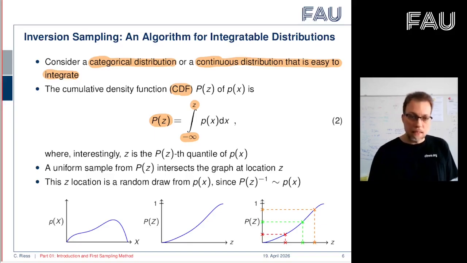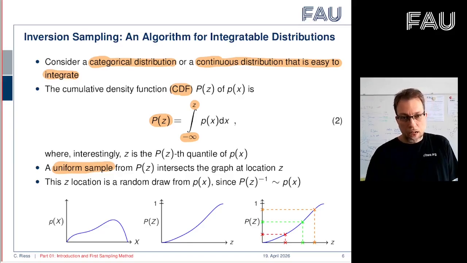And that means that a uniform sample drawn from P of z, for which we do have some implementation in our operating system or whatever machine learning library, if we draw a uniform sample, check at which location it intersects the graph, then this corresponds to a random draw from P of x.